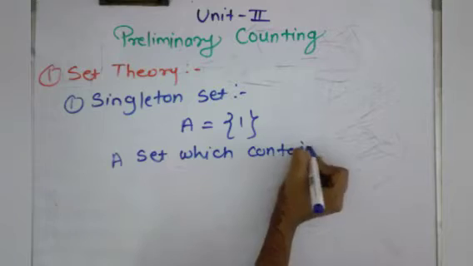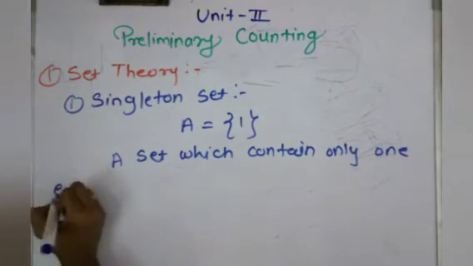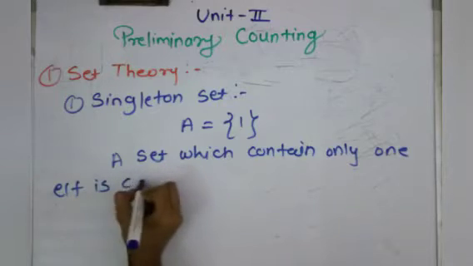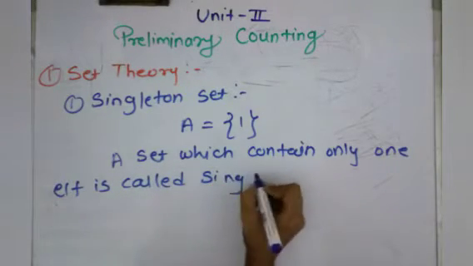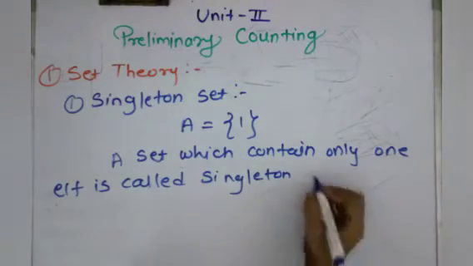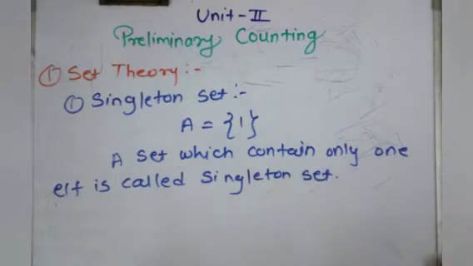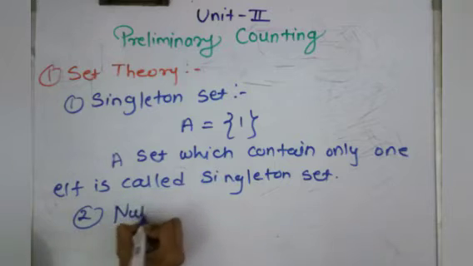A set which contains only one element is called a singleton set. Okay. And the second type is the null or empty set.